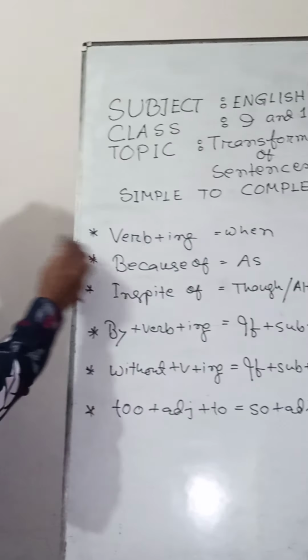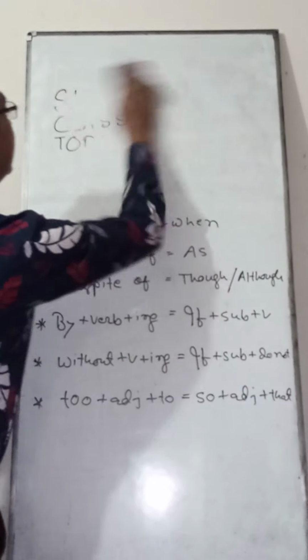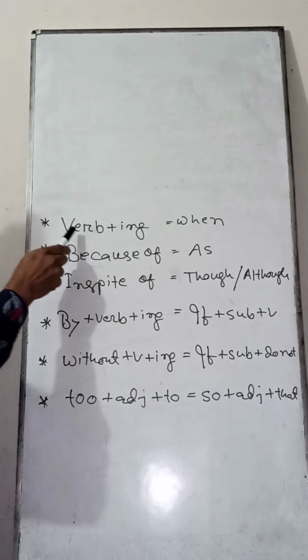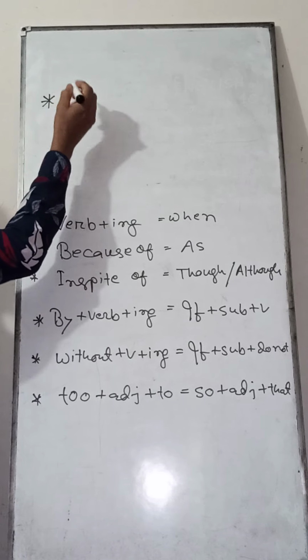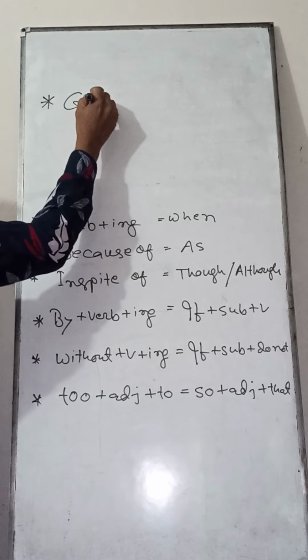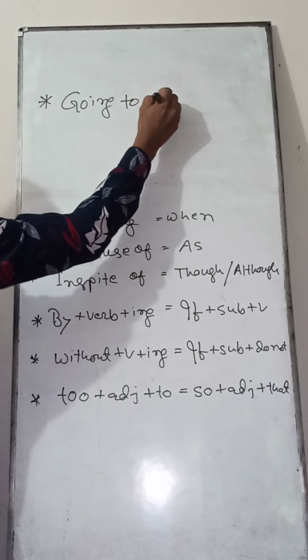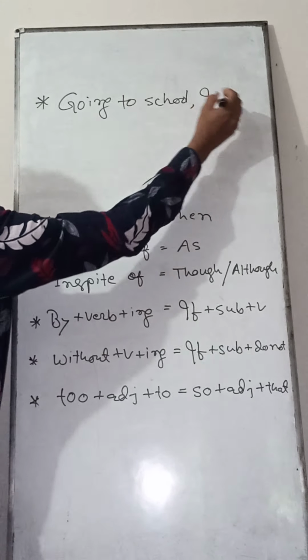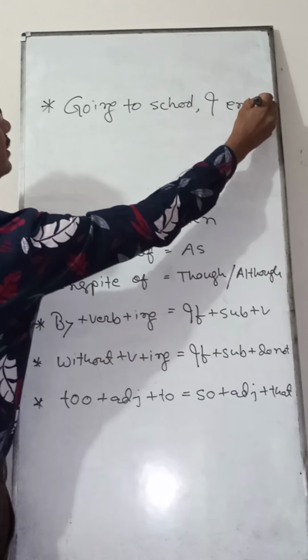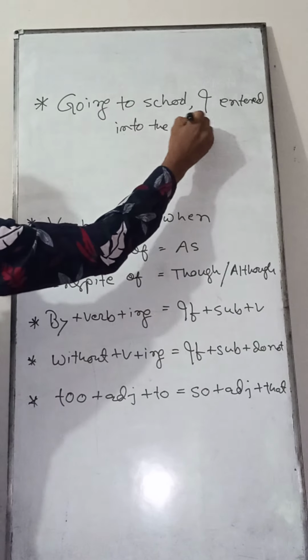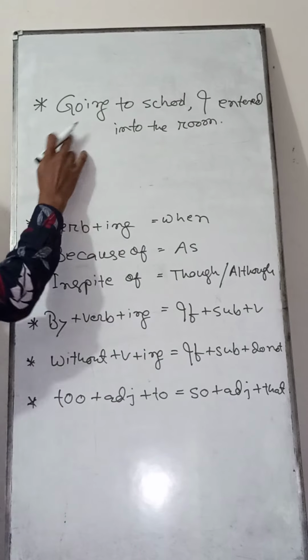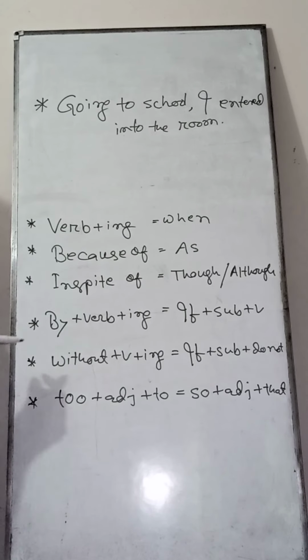Now I am going to discuss the details. The first rule is verb plus ing. You see, "Going to school, I entered into the room."